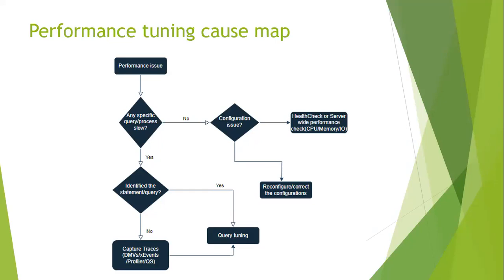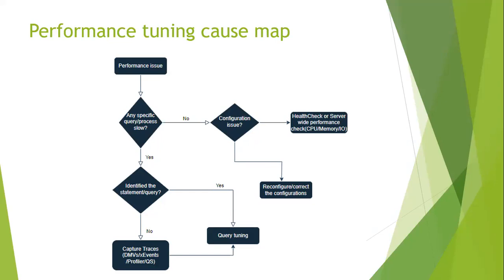We should ask more questions to understand what exactly the requirement is. I personally consider performance issues in two ways: one is server wide performance, and the second is query performance.